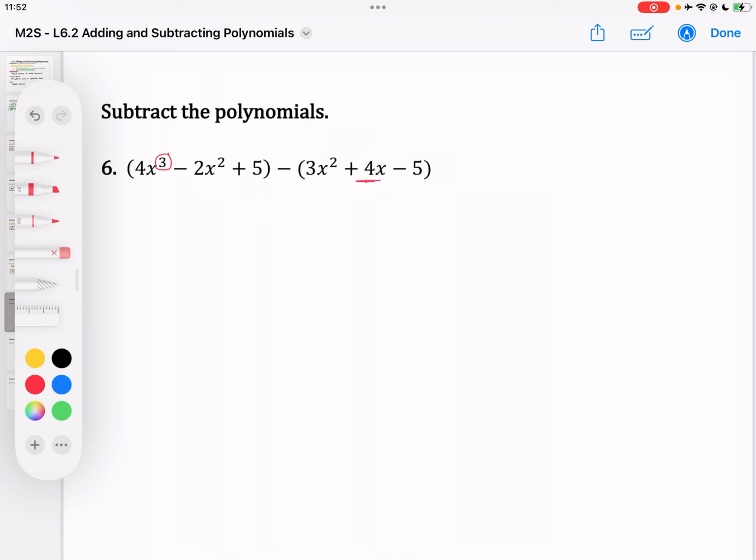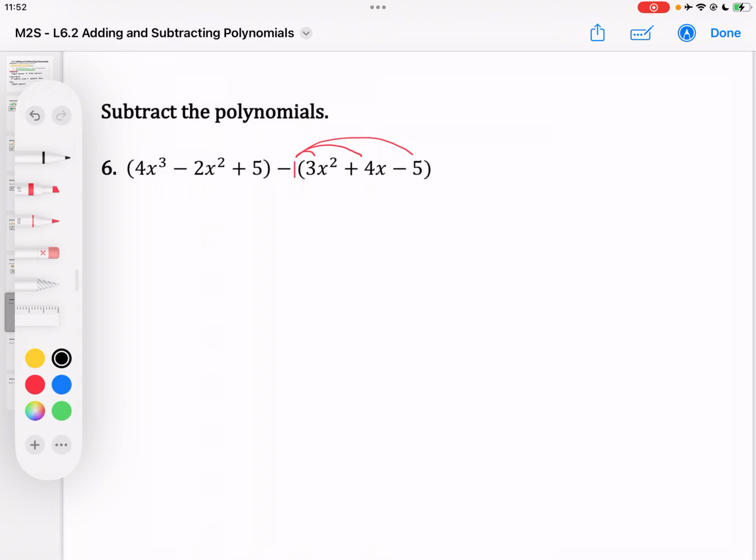So what tends to happen is people forget that they are subtracting the 4x, and they just write down plus 4x rather than a minus 4x. But you avoid that mistake if you write a 1 right here, and then you distribute a -1 into all of these terms. So a -1 times 3x squared, a -1 times 4x, and a -1 times -5.